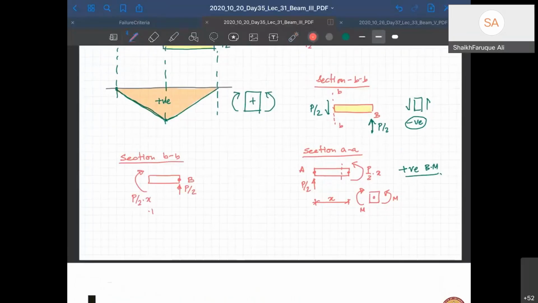Let's say this distance is x. Therefore, if you look at a very small portion here, you will find that this side is M, this side is also M. And therefore, that's a positive bending moment. Okay, is that clear?